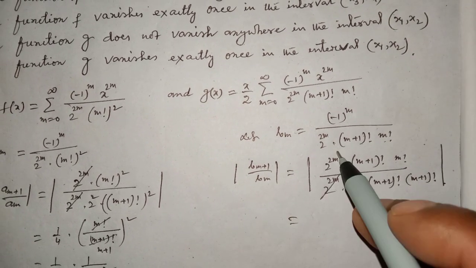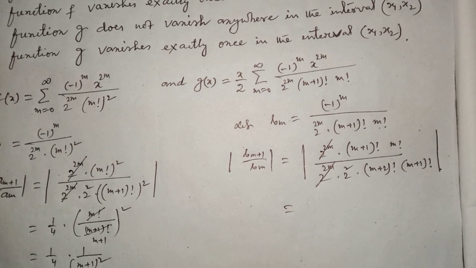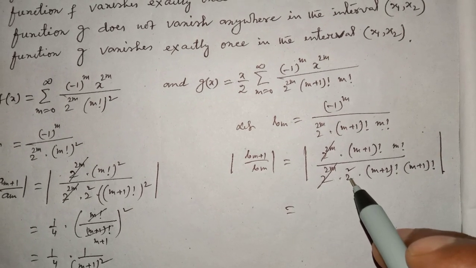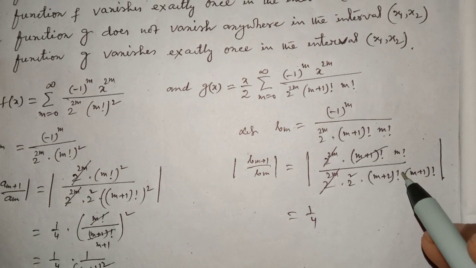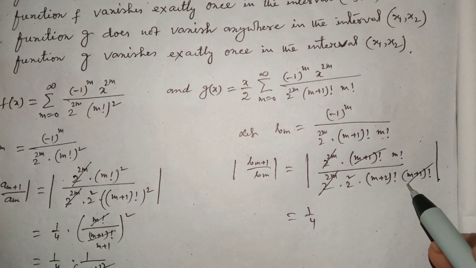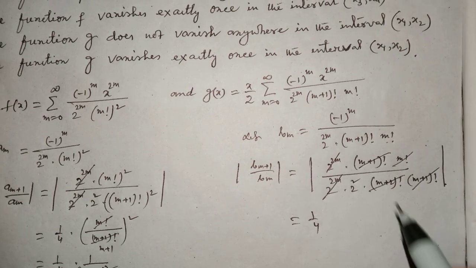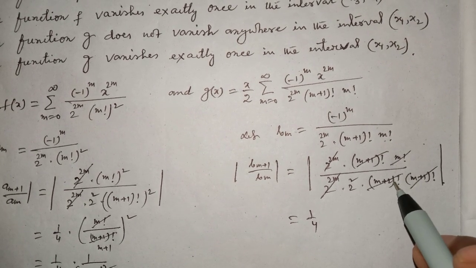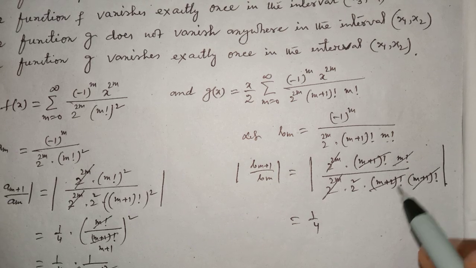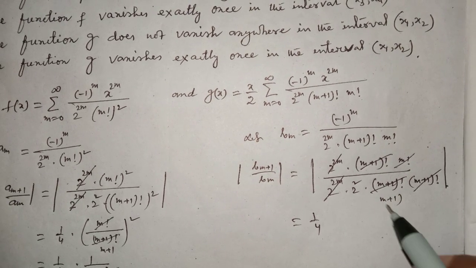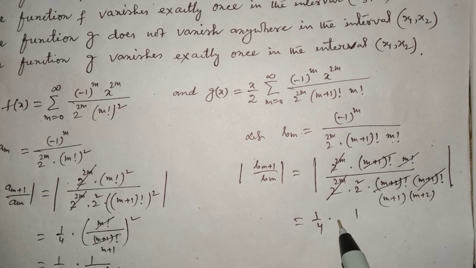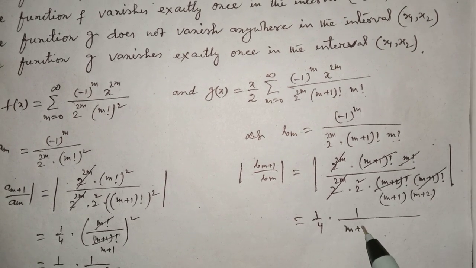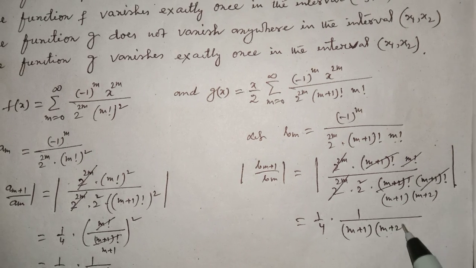This is equal to 1/4, (m+1)! cancels, m!/(m+2)! means 1/((m+1)(m+2)). So 1/4 times 1/((m+1)(m+2)).